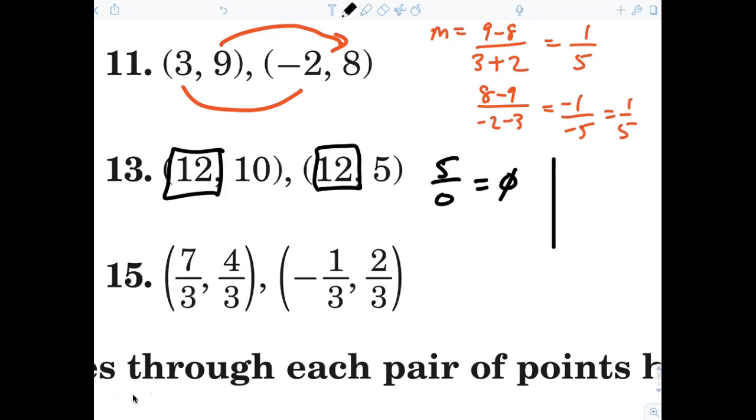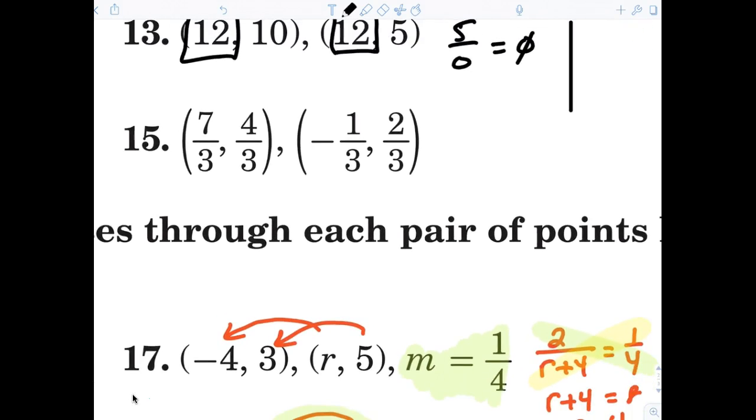Now, the one I really want to concentrate on is the fractions. So let's see. I have 4/3 minus 2/3, which is 2/3, right? So I did 4/3 minus 2/3, and then I did 7/3 minus negative 1/3, which is 7/3 plus 1/3, which is 8/3.